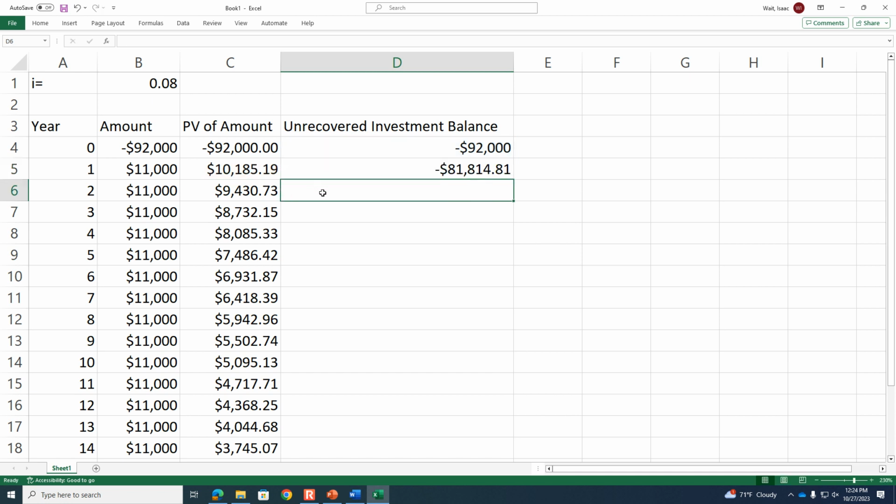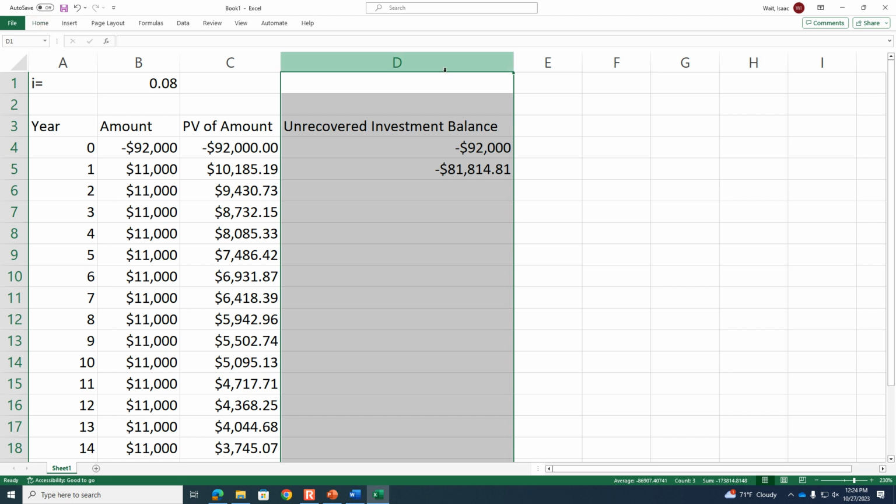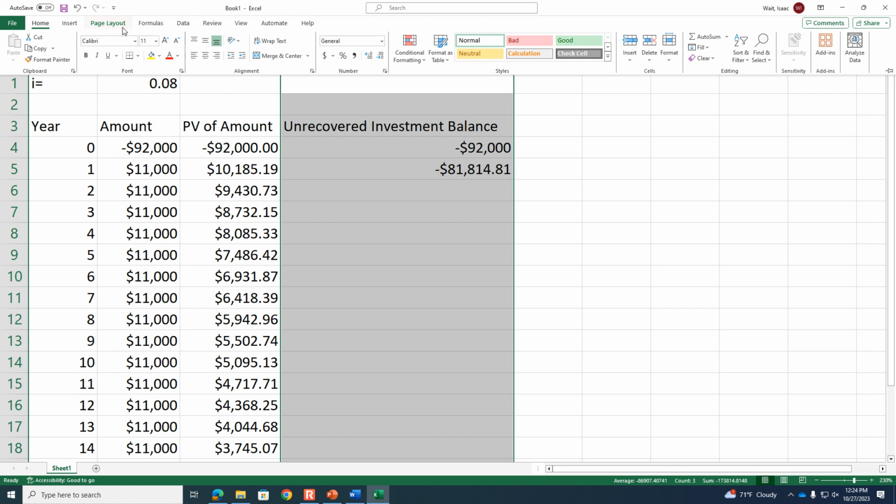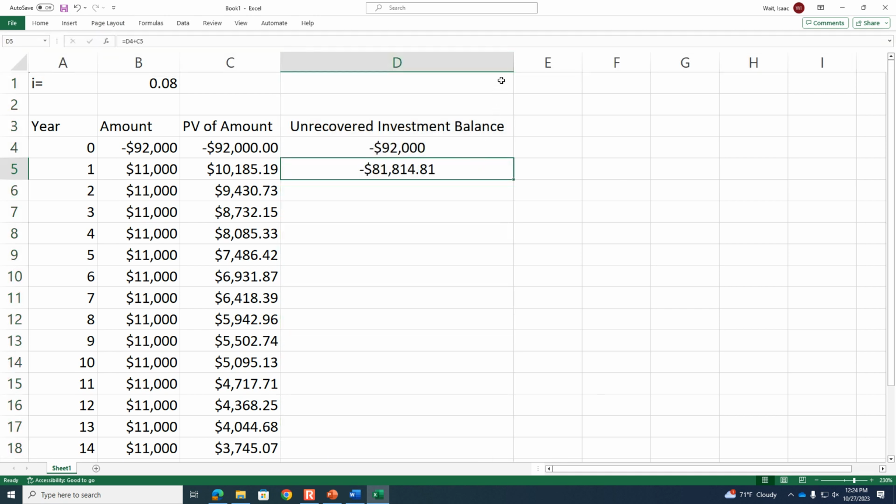And what we're looking for, remember, is somewhere between 14 and 15 years is where we should go from a negative unrecovered investment balance to a positive unrecovered investment balance, meaning that now the item is paid off and those additional revenues are pure profit.